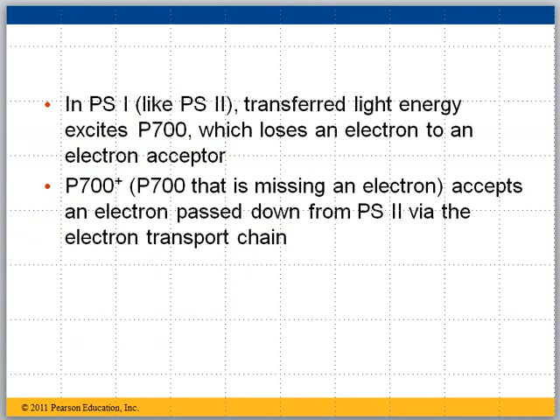So now we're over here in PS1, which is the second of the photosystems. Just like in PS2, PS1 absorbs light energy, and it has pigment molecules that absorb that light energy. Just like in PS2, these pigment molecules get very excited, and they're carrying these excited electrons until eventually they carry it to the center portion there. They give it to P700.